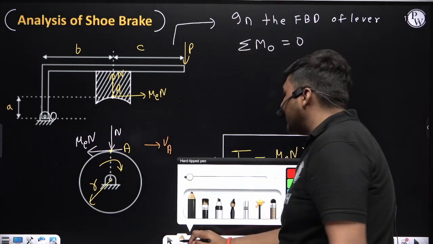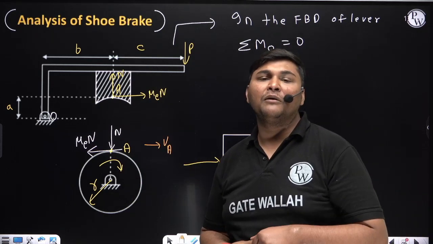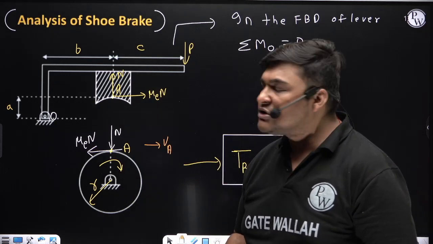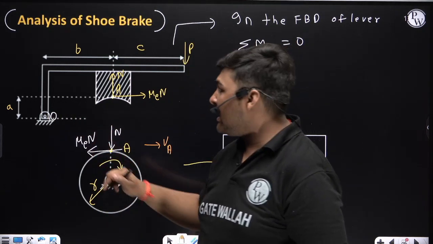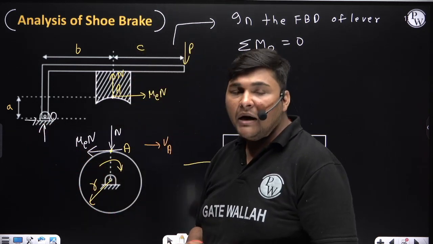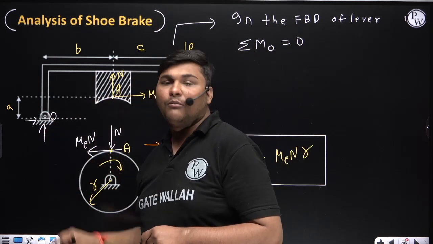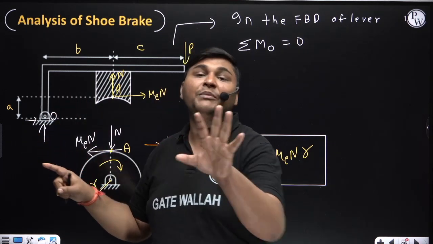Why am I taking moment about fulcrum O? You can take moment about any point in this lever, but because this lever is hinged at fulcrum O, a hinge reaction will also come here. Suppose it is acting like this. But if we take moment about fulcrum O, the moment of the reaction at this location about O will be 0.